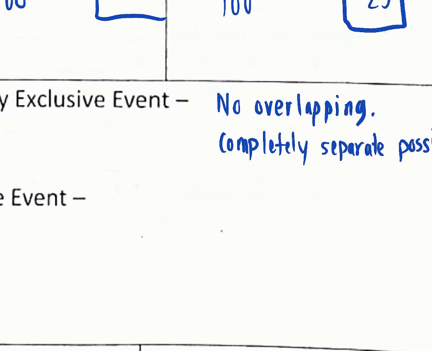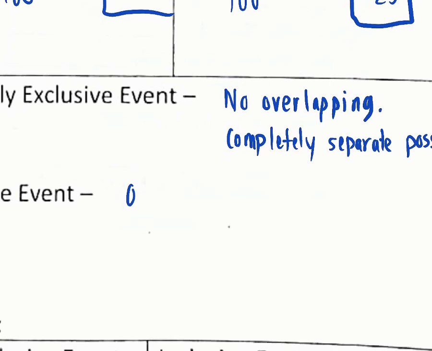But guess what inclusive means? They're not separate. It means they aren't separate, that there is overlap. The data overlap. So in a way they depend on each other or they relate to each other.